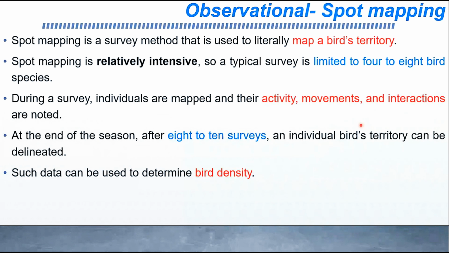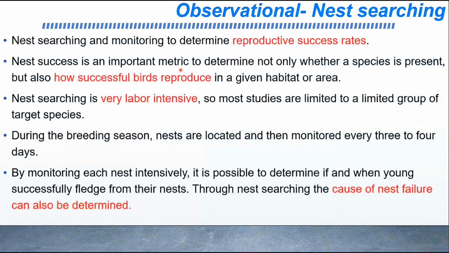This data can be used to understand the density of a bird in its territory. But the point to remember is this is extremely intensive. You have to spend a lot of time in the field. Likewise, you also have something called nest searching, where you look at the nest of the bird.